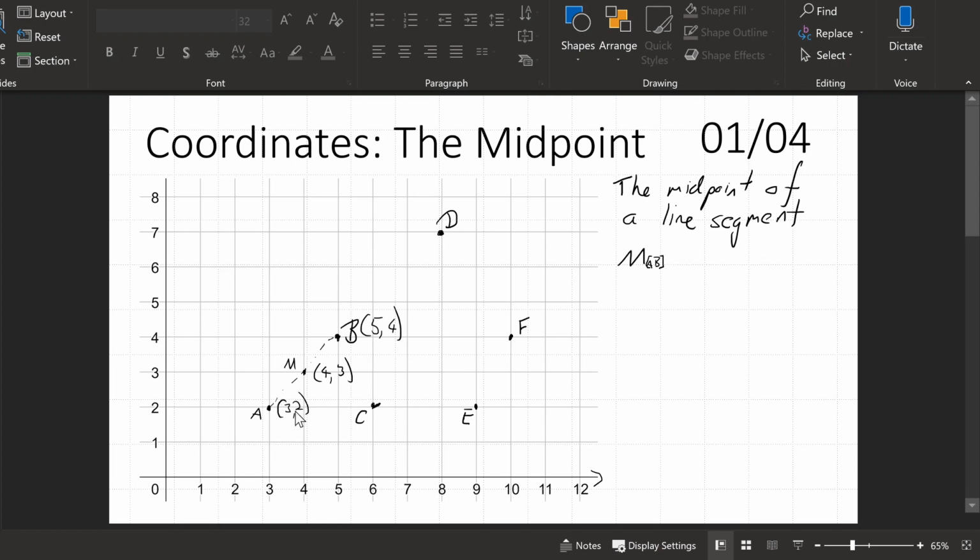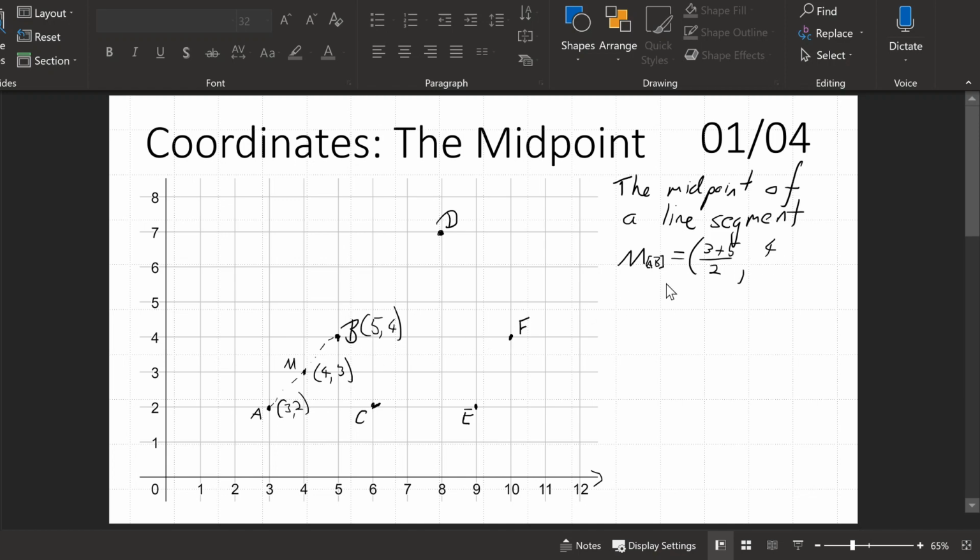And what we do is we go, okay, it's going to be half the sum of the x values. So half the sum of these two. So you can see that 4 is the same as 5 plus 3 divided by 2.